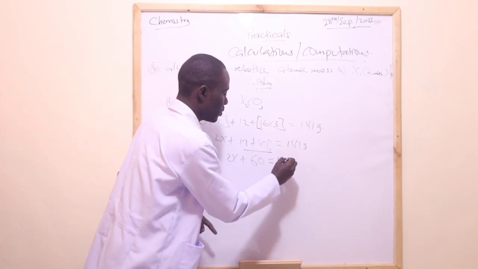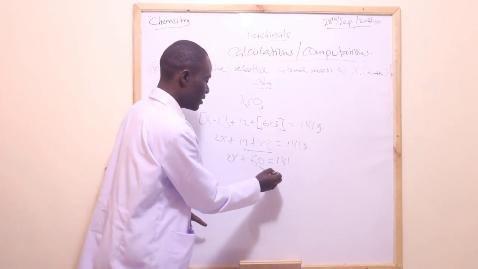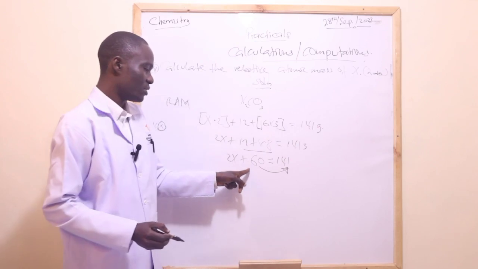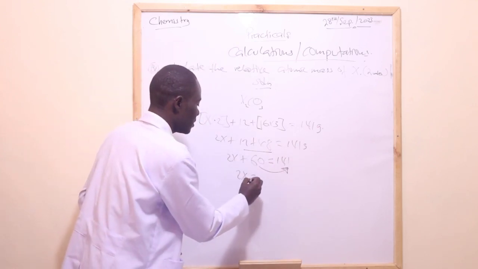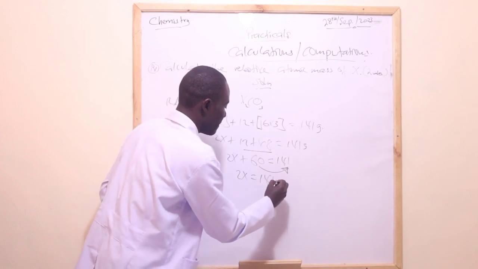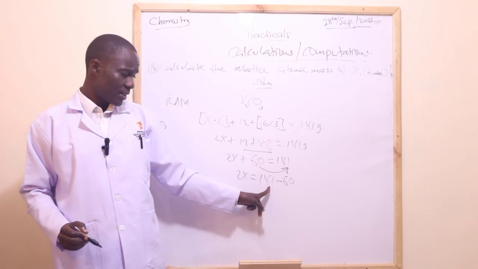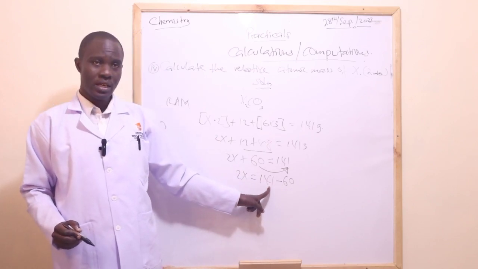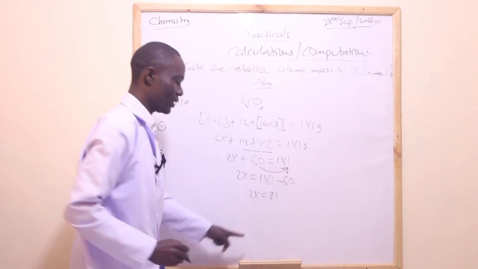You equate to 141. So these ones are known. You bring this 60 to this side, and since it is positive, it will be subtracted on the other side, so that you have 2X is equal to 141 minus 60. When you take away 60 from 141, you get 81. So you have 2X is equal to 81.